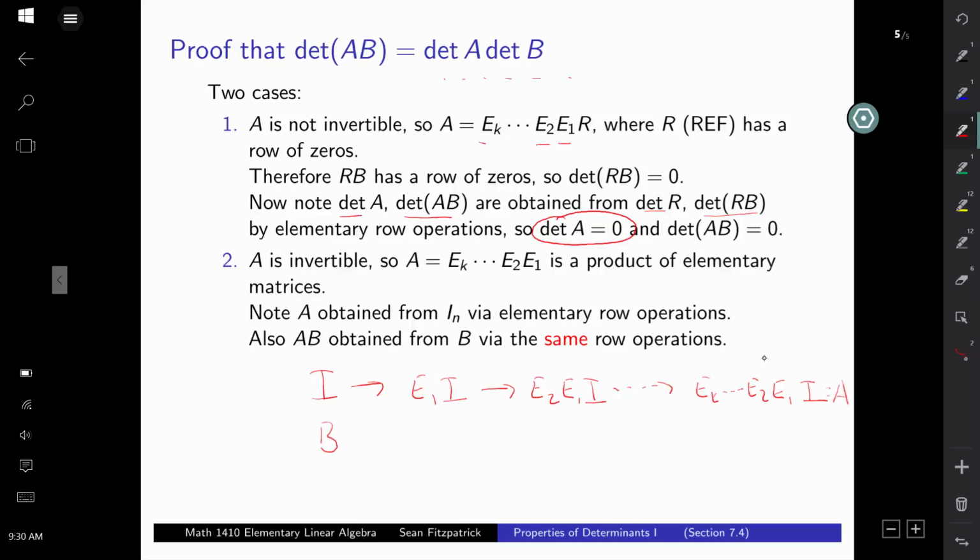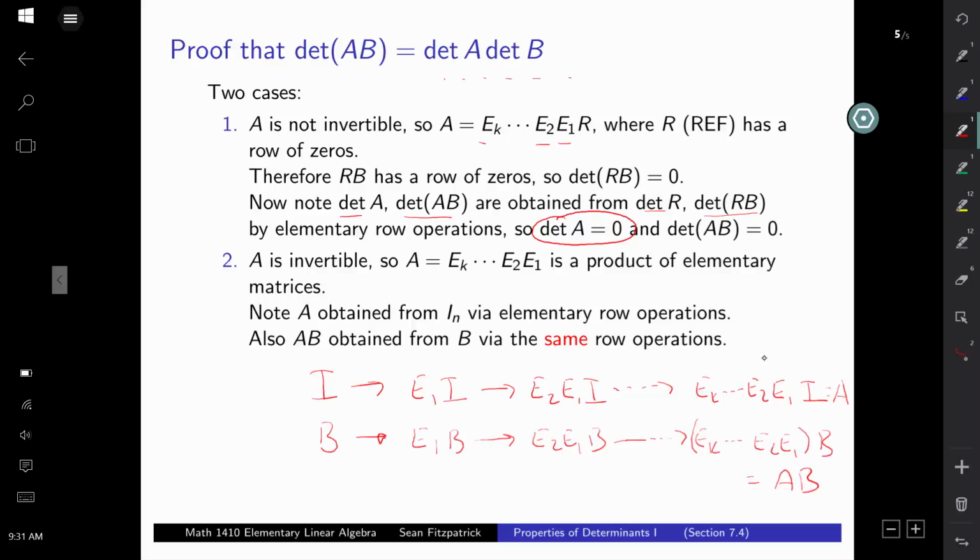We can do B. We do E1 times B, E2, E1, B, and so on down to EK, E2, E1 times B, which is A times B. Okay, and so then what you basically say is, all right, so the determinant of A times B is going to be, well, I start with the determinant of A, and then I keep track of the effect of these elementary row operations, and that's going to give me the determinant of A times B, right?